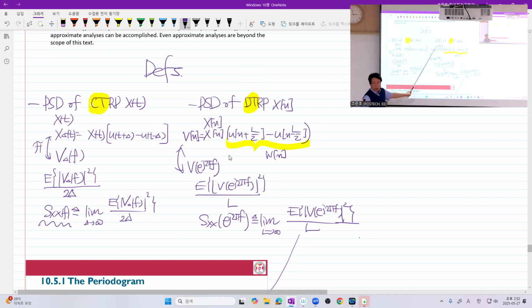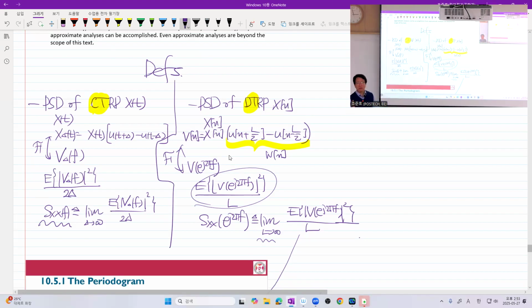Similarly here, in the discrete time random process, we first window the signal. Here, we assume that the length is L, and we Fourier transform, now discrete time Fourier transform, and we take the magnitude square and take the ensemble average and divide by length L. And if this one, when L tends to infinity, converges, then it is defined as the power spectral density of the discrete time random process.